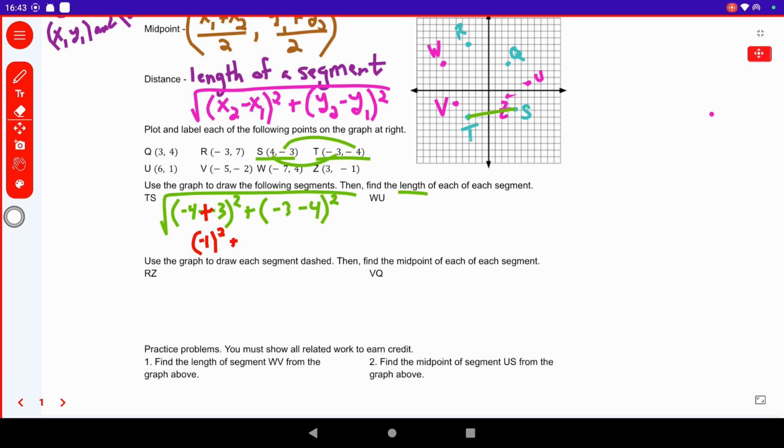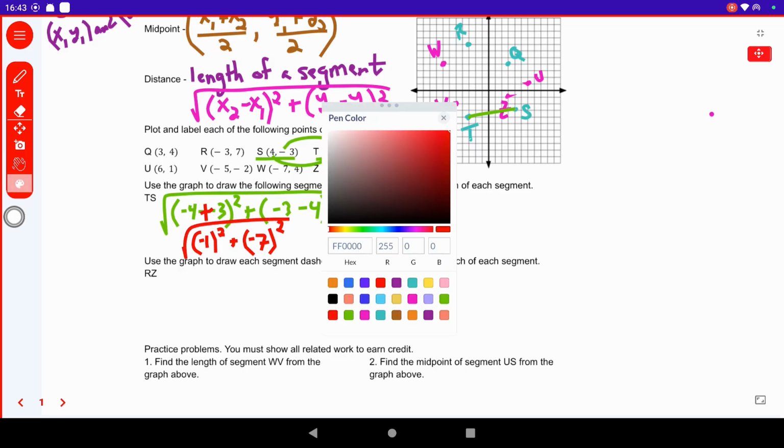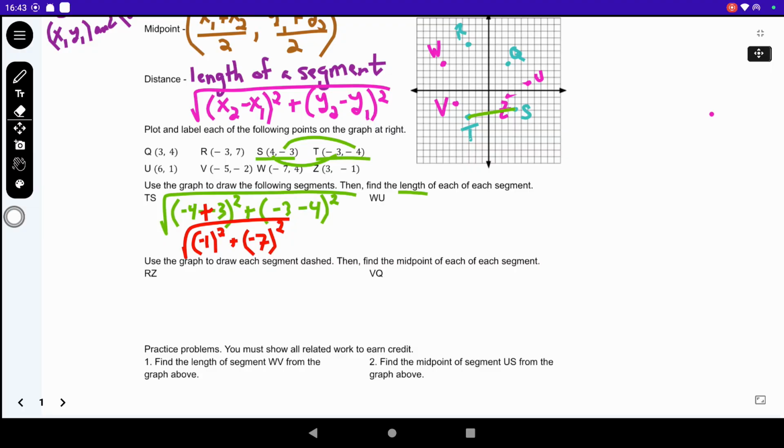Negative 3 minus 4 is negative 7 squared. And again, this is still in the square root. And then we're going to calculate it and add these. So 1 squared is 1. Negative 7 squared is 49. So this becomes the square root of 1 plus 49, which equals the square root of 50. I'm running out of room, so I'll bring the answer over here. Square root of 50. And then we'll put that in your calculator and round to 2 decimal places, 7.07.